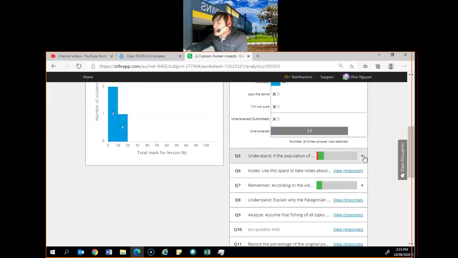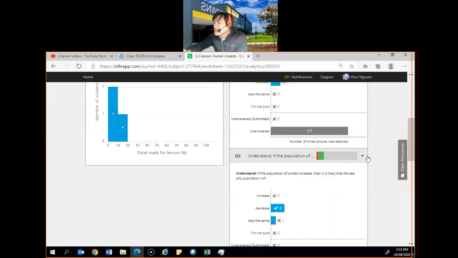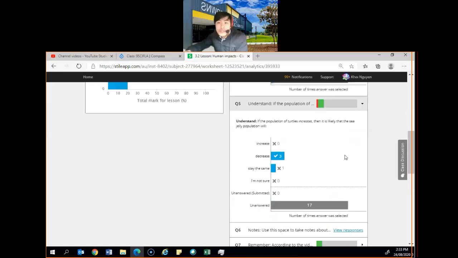And then for this one here, the majority of people had the correct answer, so that's very good. It says that if the population of turtles increases, then it is likely that the sea jelly population will do something. Okay. Now, the sea turtles would eat the sea jelly, right?